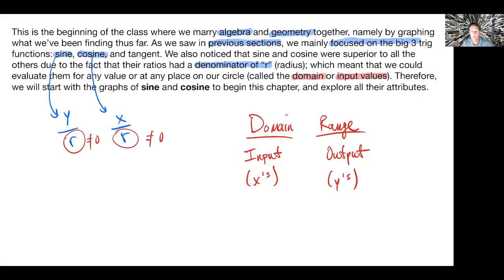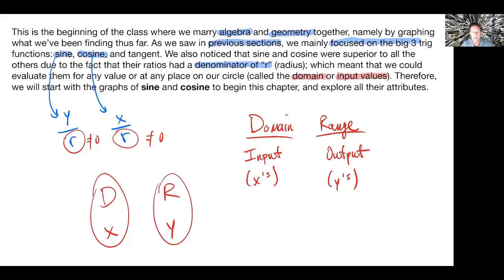The way I remember this is D comes before R in the alphabet for domain and range, and X comes before Y in the alphabet. If you line these up alphabetically according to their pairs, then you know the domain is typically all of our input values, the x's, and the range is all of our output values, the y's.